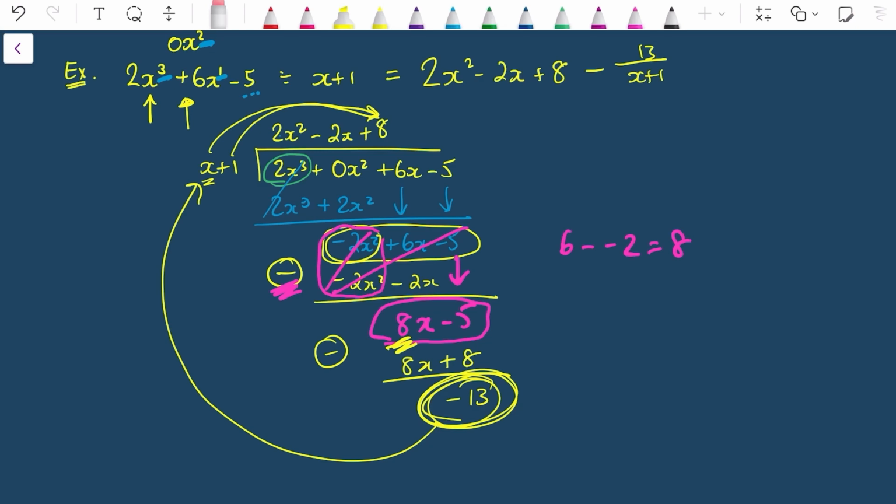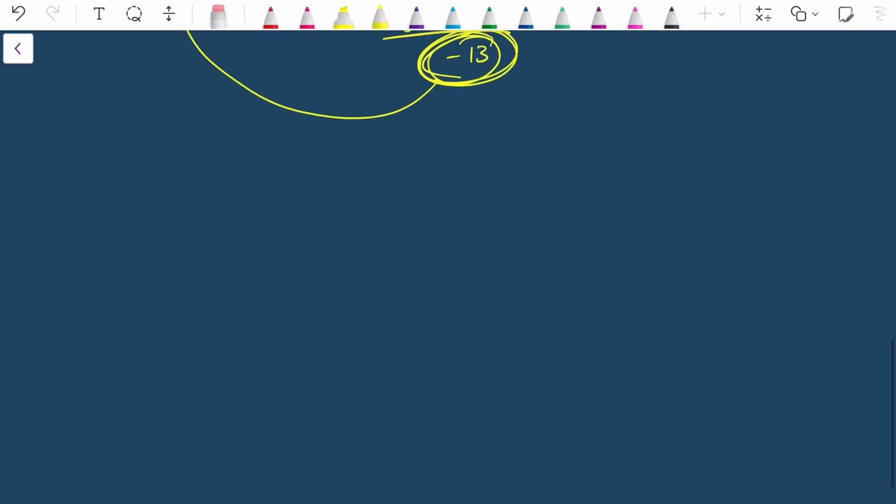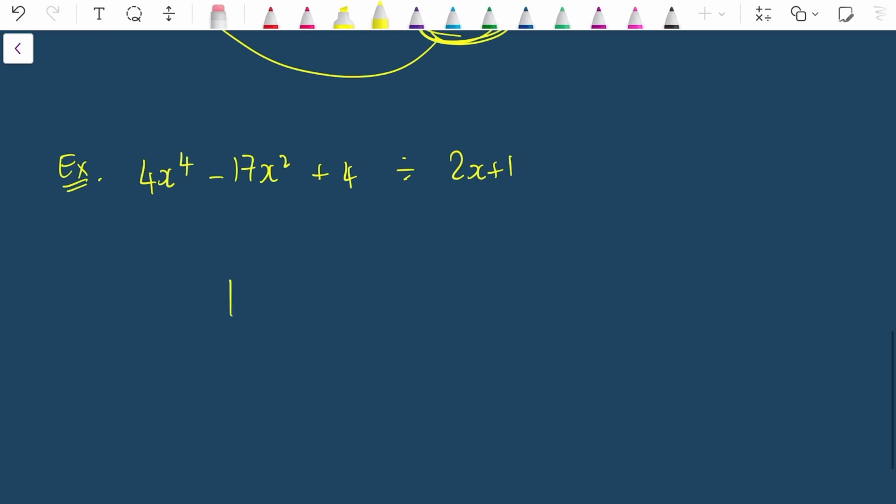Okay, I'm quickly going to do one more example to illustrate this. Maybe you can pause the video and have a go at this question yourself. It's 4x to the 4 minus 17x squared plus 4 divided by 2x plus 1. Okay, so let's go and write that out.